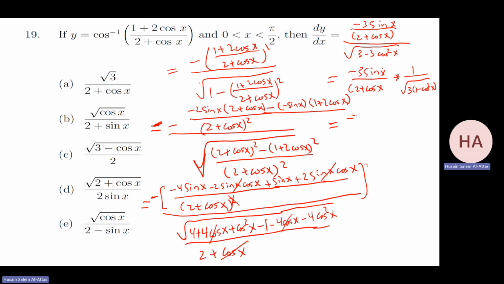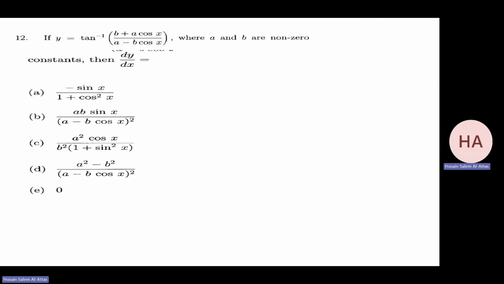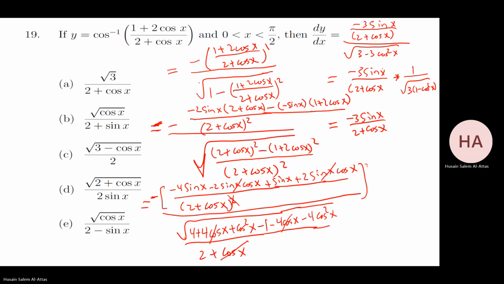That will give me minus 3 sine x over 2 plus cosine x times 1 over root 3 sine x.